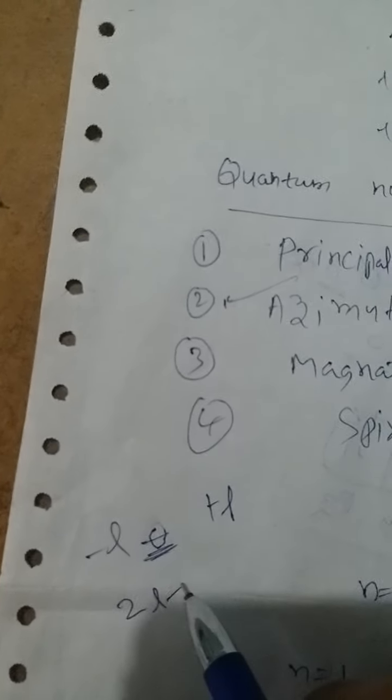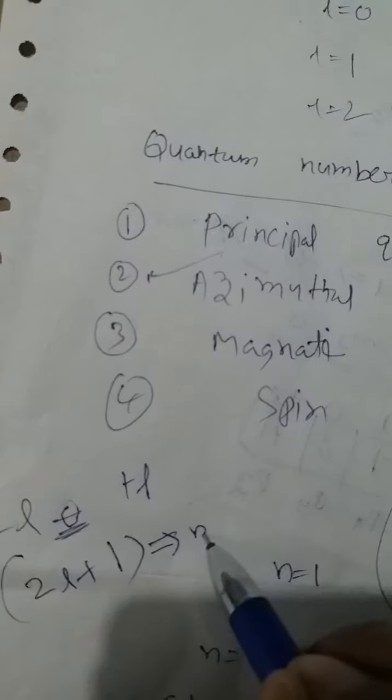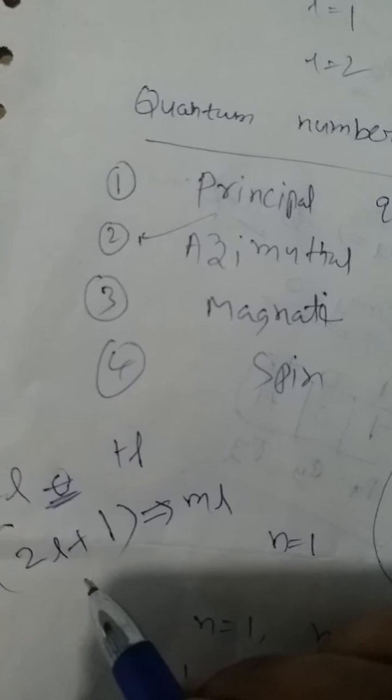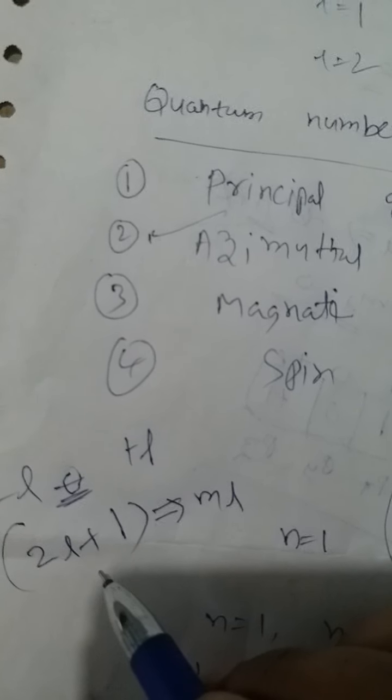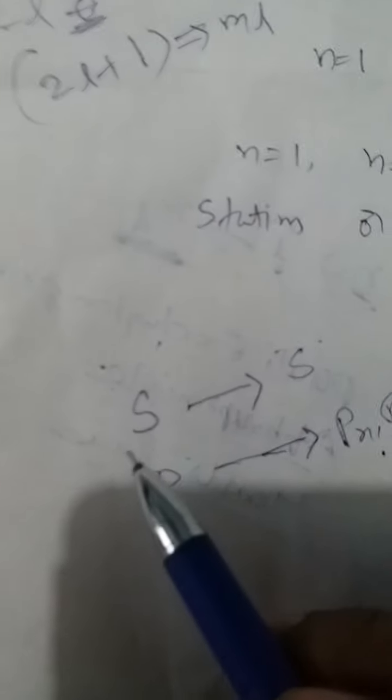The total ml values are equal to 2L plus 1. For example, for L equal to 0, that is the s orbital.